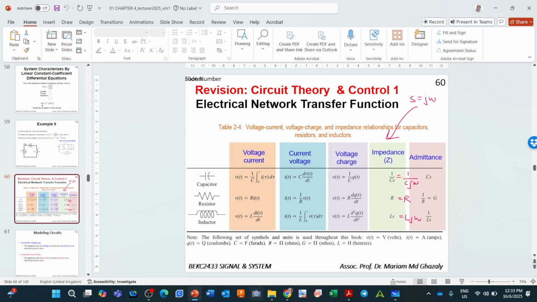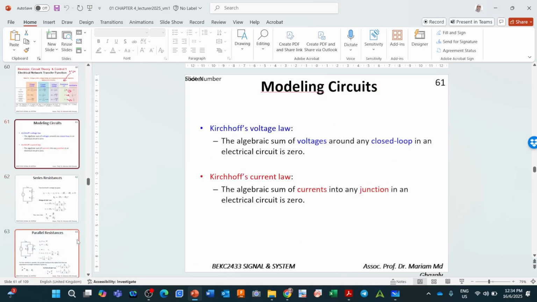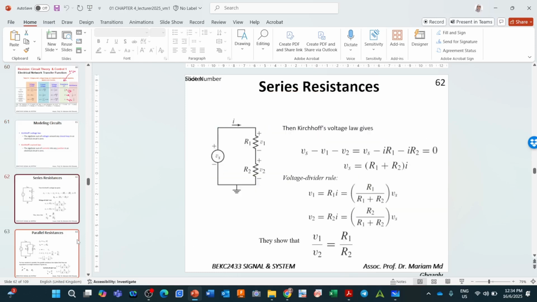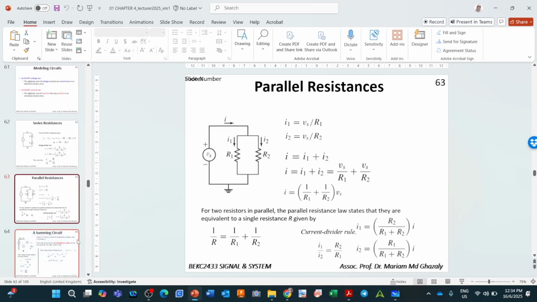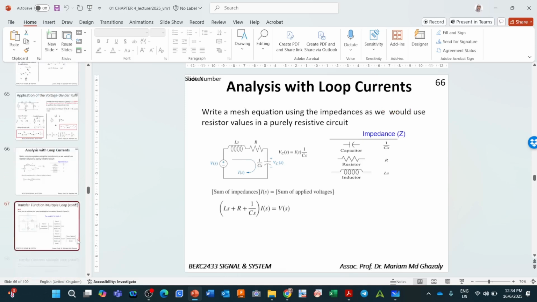The next slide is about revision if you forgot about circuits. These are some equations you have learned in circuit theory, circuit 1, that I believe will be useful for the Fourier transform: series resistance, parallel resistance, summing circuit, voltage divider rule, loop analysis, and so on.